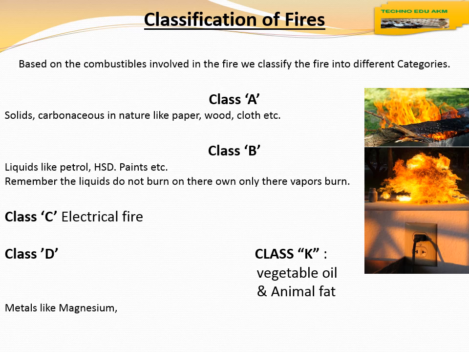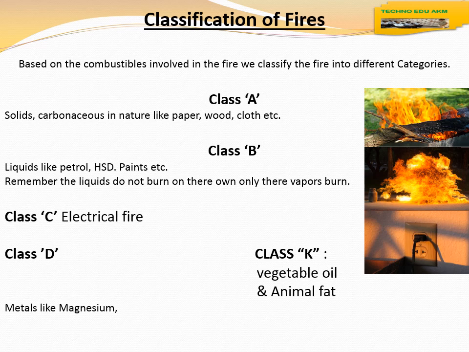Then Class C fires involve a source of electricity. This type of fire might be started by old wiring in walls, a frayed electrical cord, a worn out breaker box, or faulty appliances. If possible, you should try to extinguish the flame using a carbon dioxide or dry powder fire extinguisher.